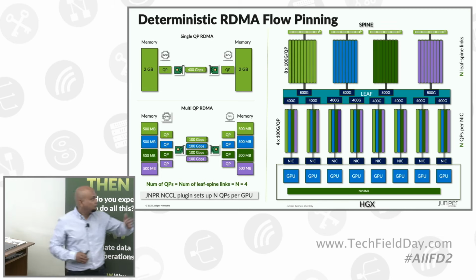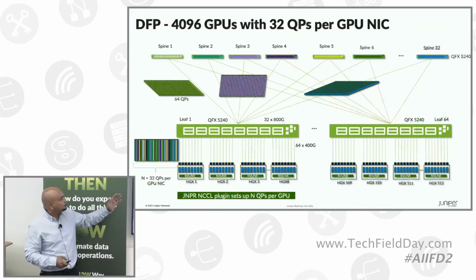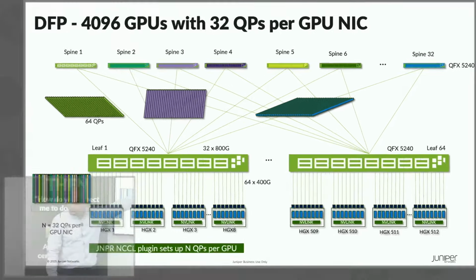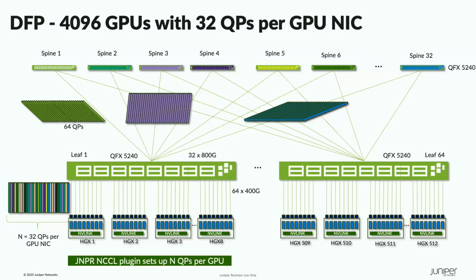So let me show you the next picture, right? Usually these are like a 64 by 800 gig switch. So what we do is 1:1. Because these NICs are 400, you split the 800 gig into 2 by 400. You attach 64 GPUs, and then you have to budget that in case all of the traffic comes to the leaf, you will have 32 by 800 gigs.